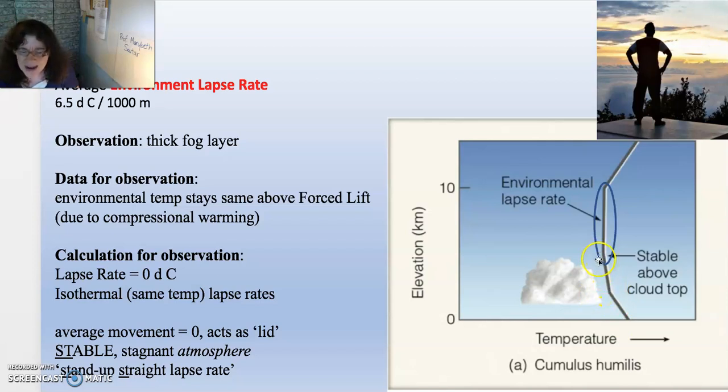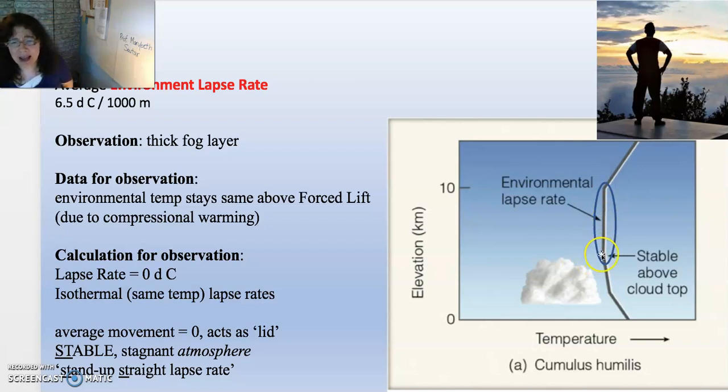Then you had an area where there was a bit of a drop in temperature, not a large drop in temperature over altitude, but enough so that a cloud could develop and it could rise.